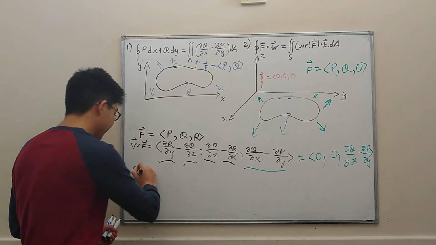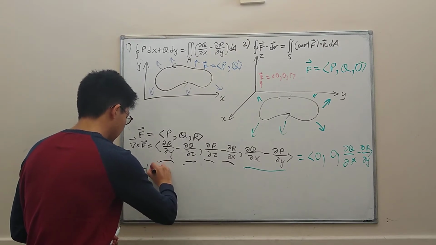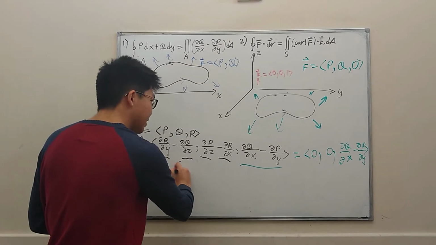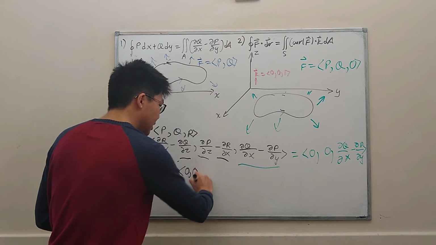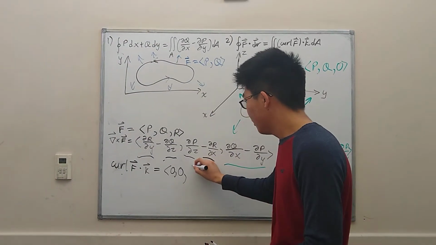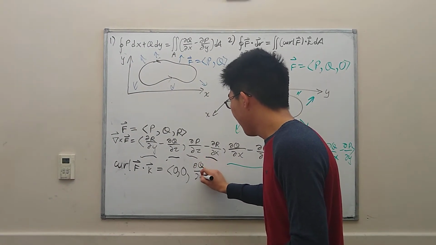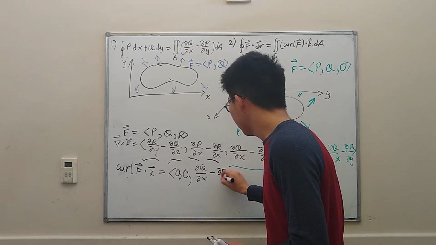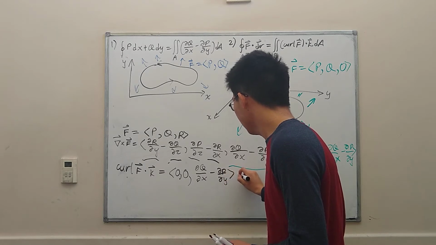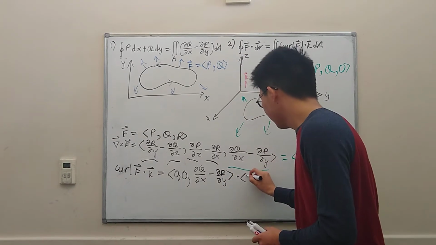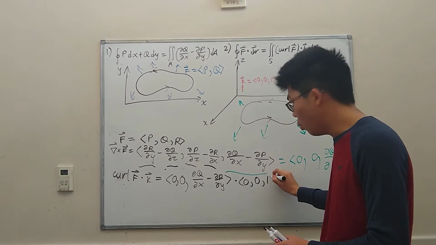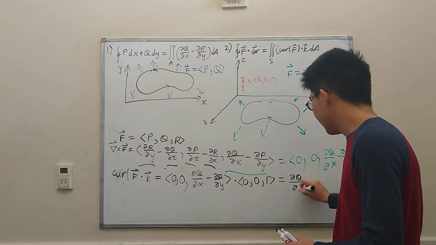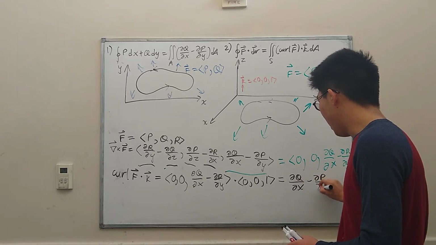That means when you dot these two expressions together, curl of F dot k, you're going to get 0, 0, dQ/dx minus dP/dy, dot 0, 0, 1, which turns out to be dQ/dx minus dP/dy.